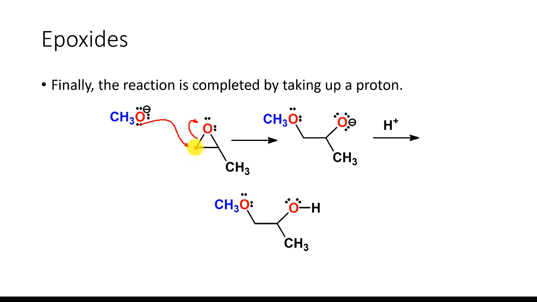It is also the less sterically hindered side, and so we see the attack primarily take place at that position. Once the bond breaks and we have the oxide on the more substituted position now, this oxide attacks the hydrogen of probably another solvent molecule and ends up giving us our product.